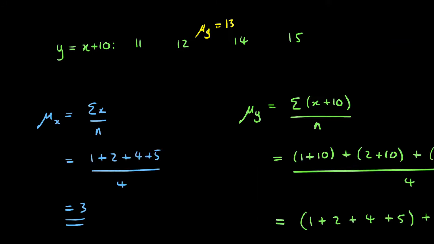So to summarize that, we can say that if y is equal to x plus some constant k, then the mean of y is going to be the same thing as the mean of x, but just plus that constant k.